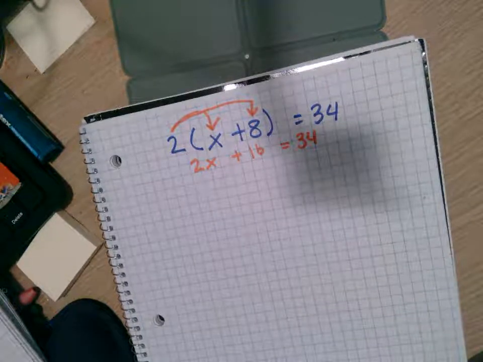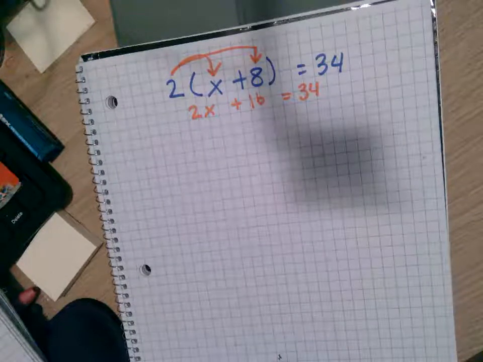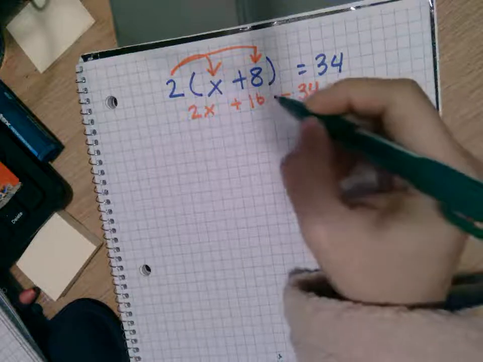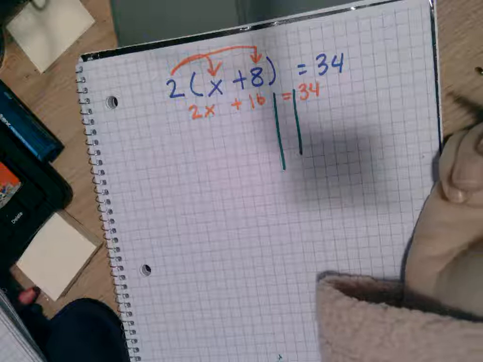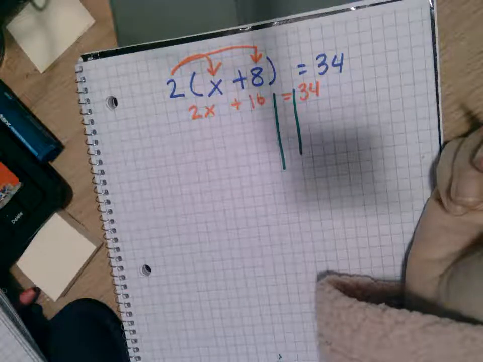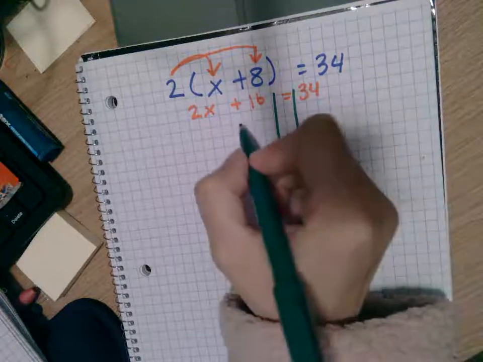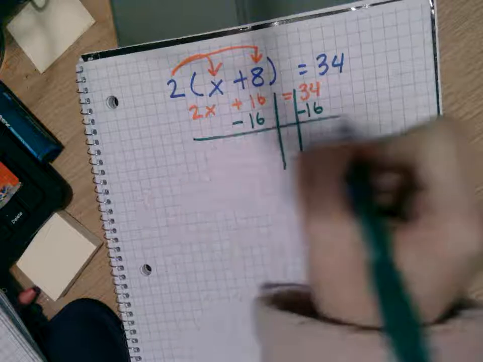Now what you're left with is a two-step equation, which is what we started doing last week. So we're going to draw the bars. Which number do I move first and how? Minus 16. Nice, Jocelyn. So minus 16 on one side, minus 16 on the other side.